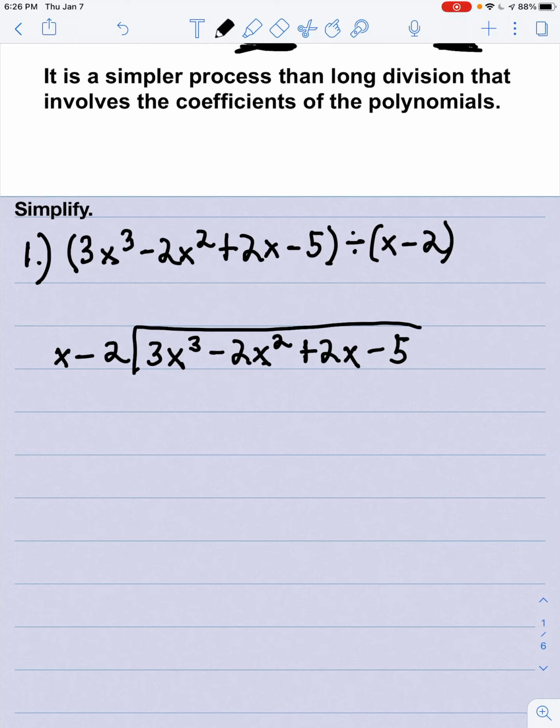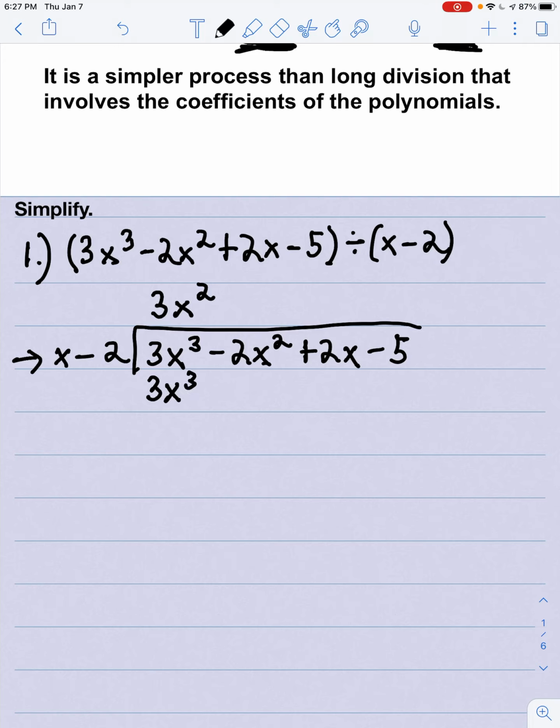So if you recall from class the other day, you start with the divisor, the first term, x, and you see how many times it can go into the 3x cubed. Of course, x times 3x squared would be 3x cubed, and now we multiply 3x squared by the divisor.